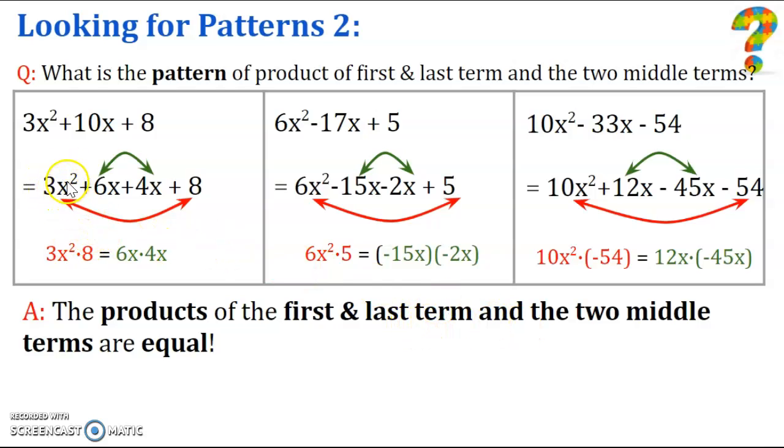Once you have split the middle term into two separate terms, the first and last terms multiplied should be exactly the same as the two middle terms multiplied. That's a quick way to make sure that your diamond problem is correct.